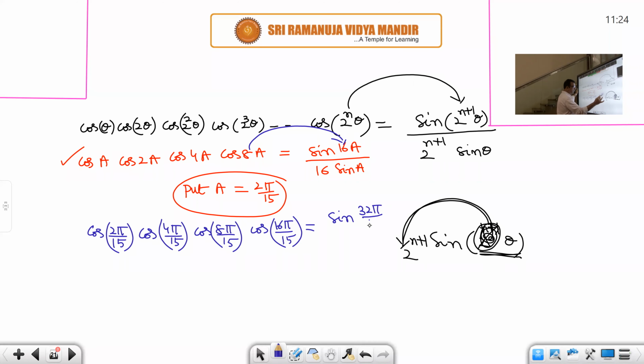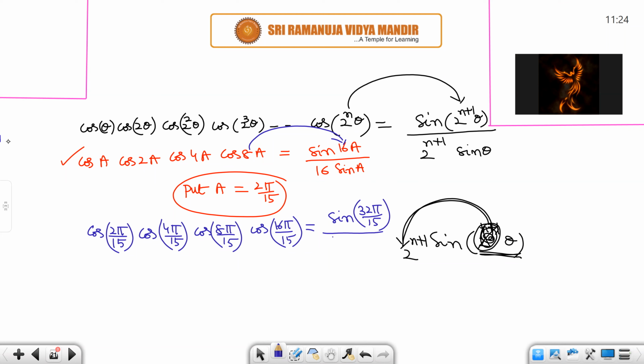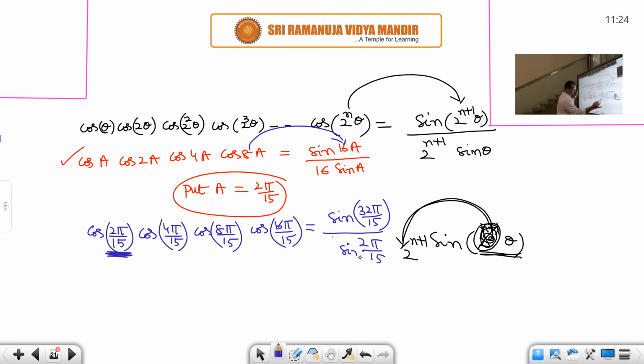32 pi by 15 you will get, divided by what? 32 sin A, sir? No, not 32. It is 16 into the initial angle. What is the initial angle? 2 pi by 15, sir. So sine 2 pi by 15 will remain.